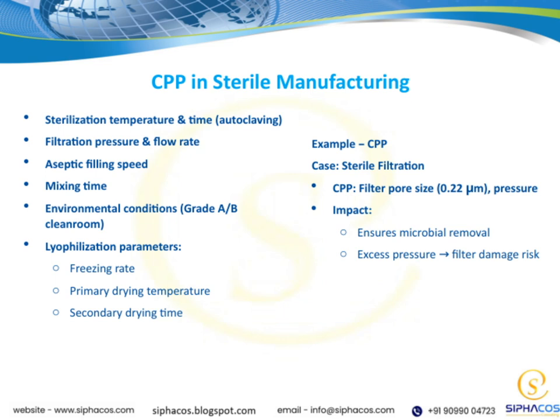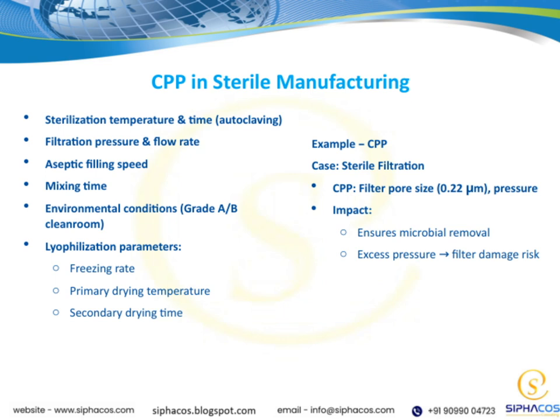Now, in sterile manufacturing, several other CPPs come into play. For instance, sterilization temperature and time, like autoclaving, are critical for ensuring complete sterilization without damaging the product. Filtration pressure and flow rate need to be optimized to balance efficiency and prevent filter damage.